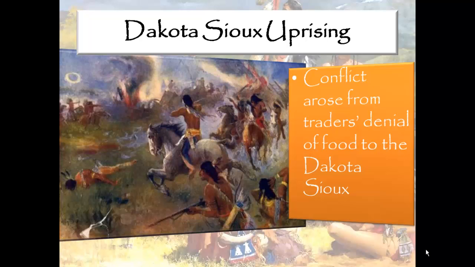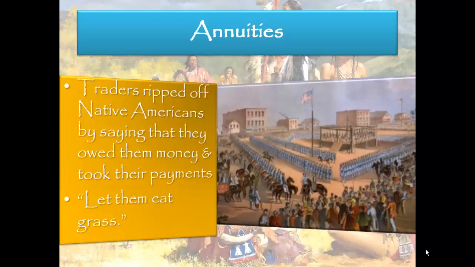Now, one of the first conflicts is the Dakota Sioux Uprising, and it arose out of the denial by traders to give food to the Dakota Sioux. The Dakota Sioux had moved to the reservation in exchange for annuities, and annuities are just scheduled payments that the government paid them. But the traders would rip off the Native Americans by convincing the government that the Native Americans owed them money, and so when the government made the payment, it would go directly to the traders.